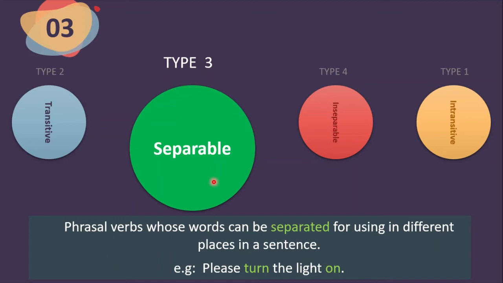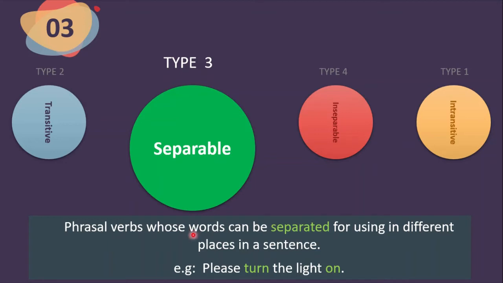Some of the intransitive verbs are inseparable, because separable works more with transitive, but does not work that much with intransitive because there is a difference in structure. So let's complete from where we started. I said that some of the transitive verbs can be separable or inseparable.